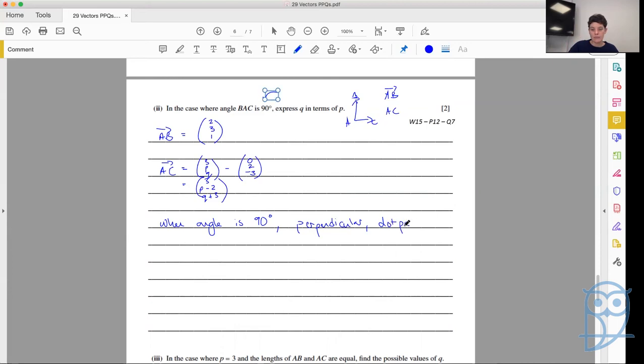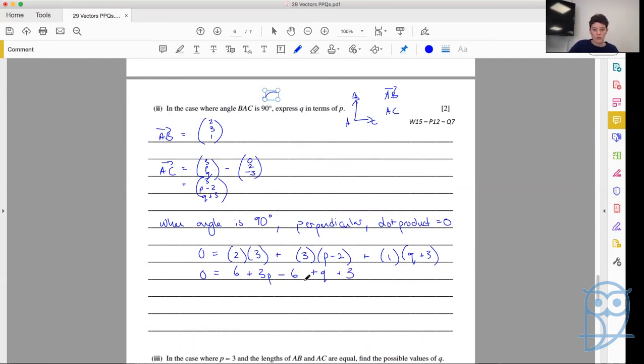So we then know that 0 equals 2 times 3 plus 3 times (P minus 2) plus 1 times (Q plus 3). Two unknowns, but they want us to express Q in terms of P. So getting rid of all these brackets, 0 equals 6 plus 3P minus 6 plus Q plus 3.